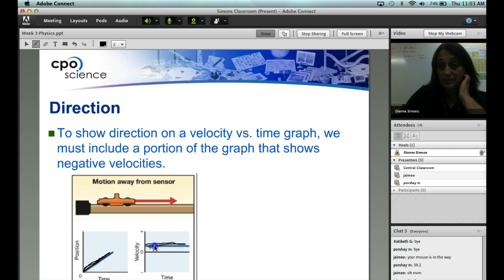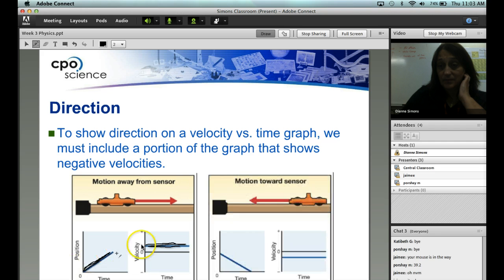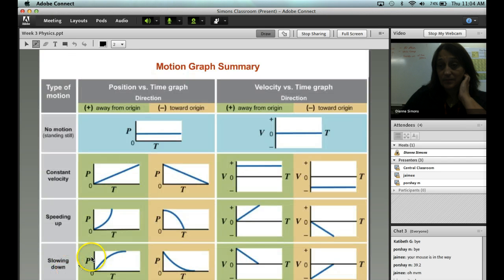And that's why you have this horizontal line in your velocity versus time graph. As this little car moves away from the sensor, and then as it moves back toward the sensor, we have some negative velocity going on, and so you have a negative horizontal line.